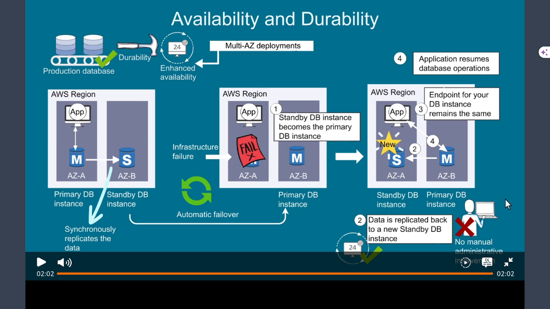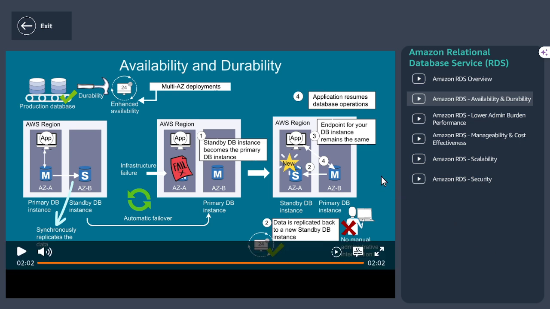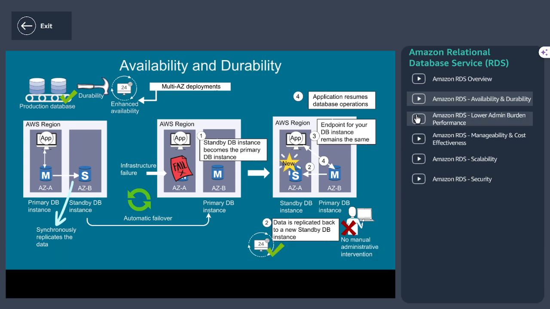There is no burden on the administration side, there is no manual work. So these are the benefits of availability and durability. So let's move to the next slide, where we see how it lowers the burden for the admin.